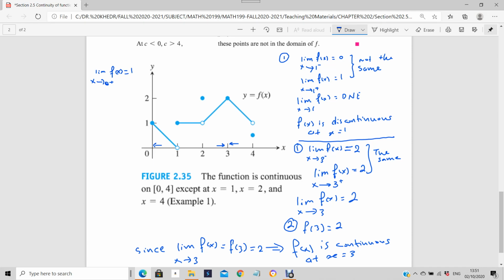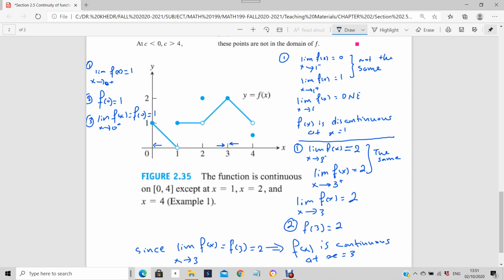How about the value of the function? So this is the first condition. The second condition is f of 0. F of 0 is equivalent to 1 also, because the value of the function is 1, there's a closed circle. Since both the limit and the value of the function are equivalent, so we'll say here the limit of f of x as x goes to 0 from right side equals f of 0, which is 1.